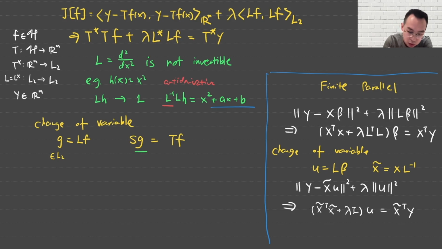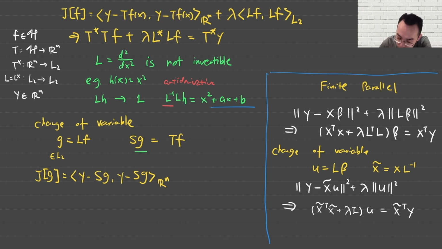So now we can rewrite this problem. We have the functional J(g) equals the norm of y minus S acting on g, in R^n, plus lambda times the norm of g in L2. After this change of variable, our normal equation is going to look like the ridge regression.